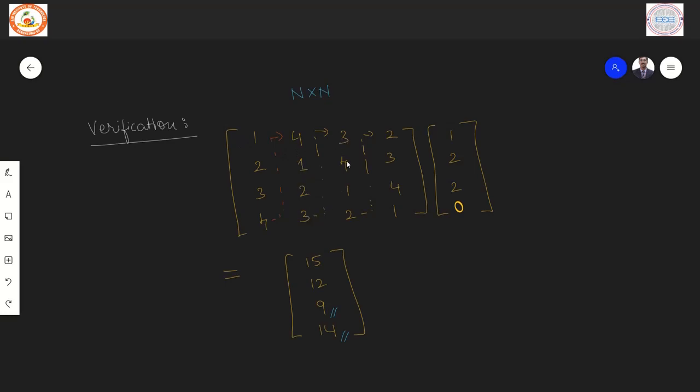Again 3 is moved to the top and then you have 4, 1, 2. Then 2 is moved to the top, and you have 3, 4, 1. We multiply this with the other sequence, which is 1, 2, 2, 0, and the answer you get after simplification is 15, 12, 9 and 14. The same answer should be obtained when you follow the time domain approach also.